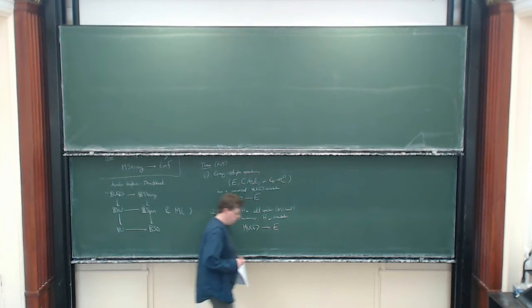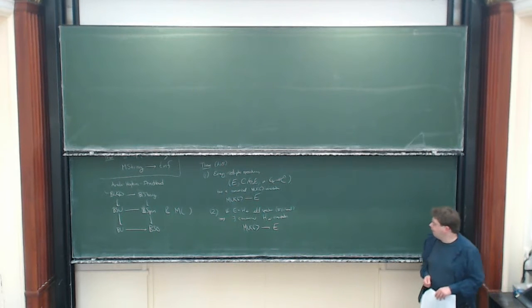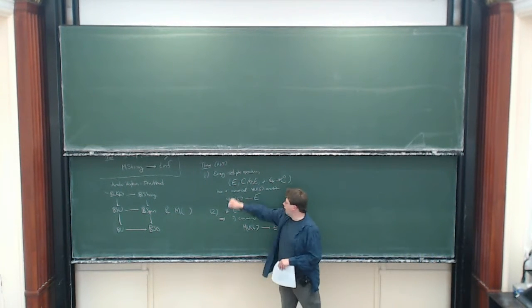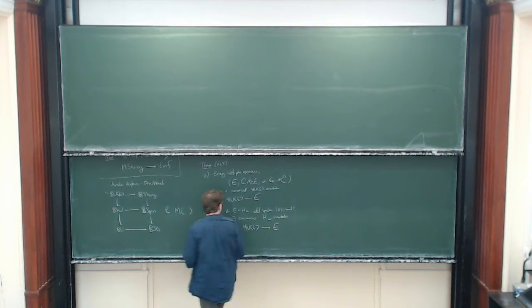But is the claim the map from 1, I mean, these are both maps in the homotopy, so the map from 1 is H-infinity? Yeah. So I need to make sure E has the right kind of structure, and if it does, it's the same map. I should say that. You're absolutely right.